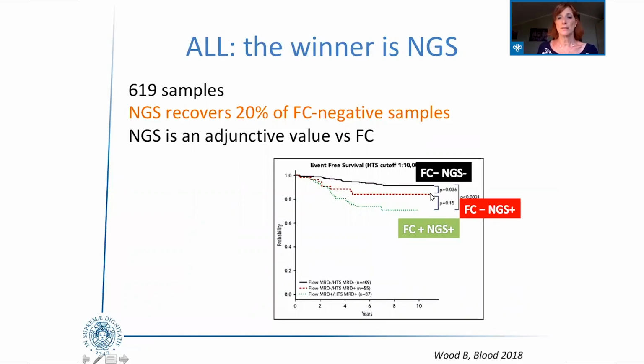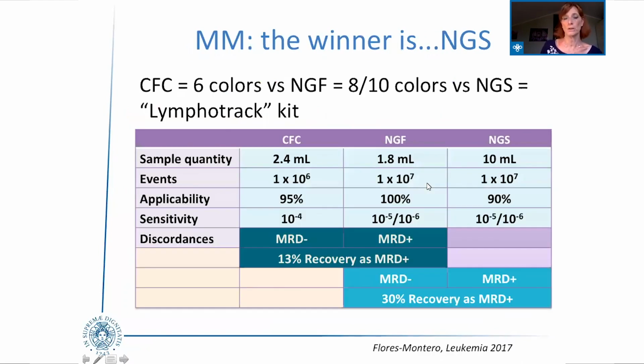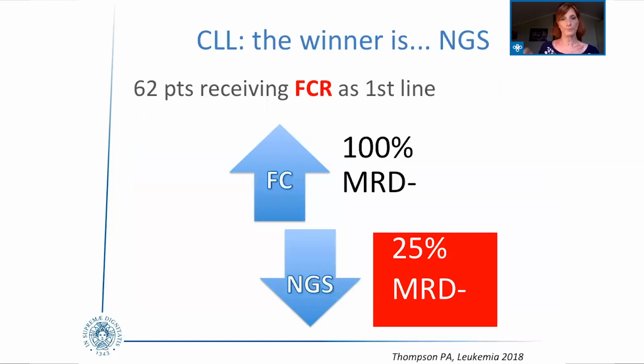They are not the same curves, so NGS represents an adjunctive value in comparison to flow cytometry alone. The same is in multiple myeloma. NGF recovered about 13% of patients that classical flow cytometry defined as MRD negative, and NGS recovered a further 30% of cases in comparison to NGF.